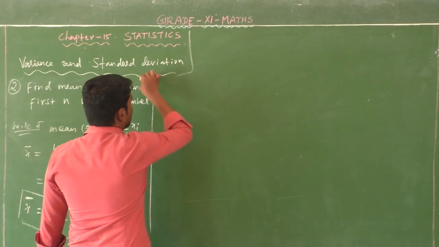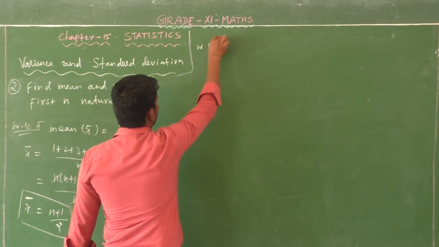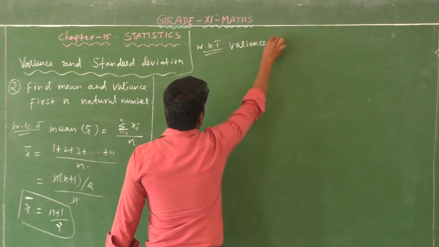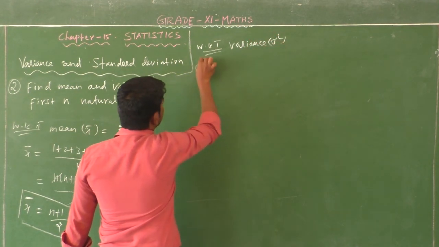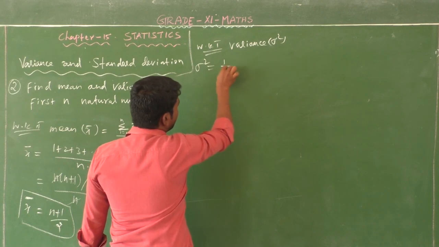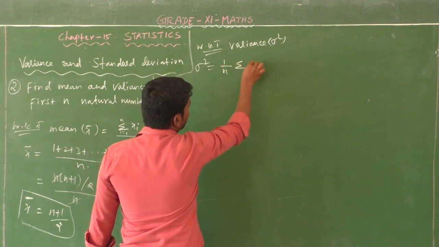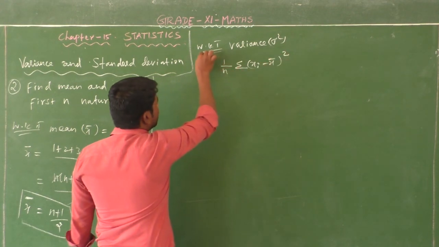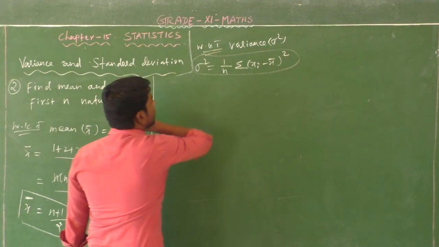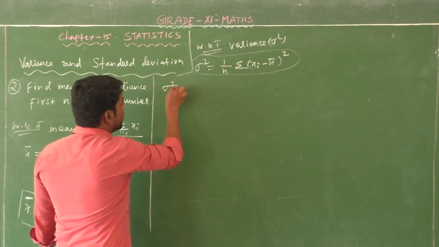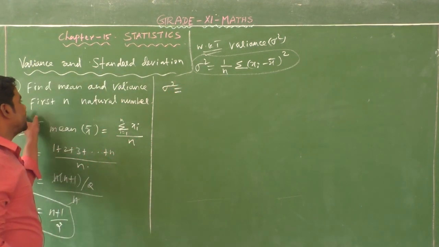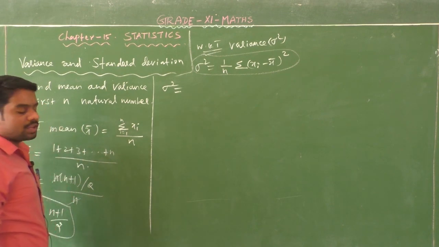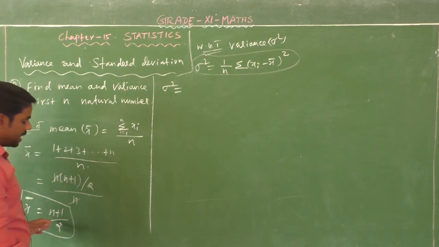Next, we know that sigma squared is equal to the formula 1 by n summation of xi minus x bar the whole square. Okay, this is the formula. So sigma squared equals, n is the n natural numbers, n is also n, and the summation of xi minus x bar, you know x bar is n plus 1 by 2.